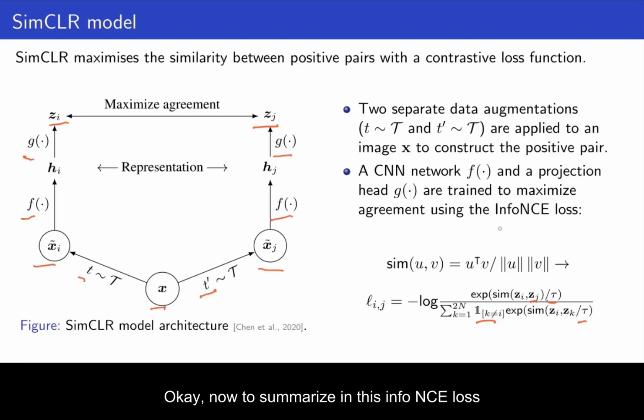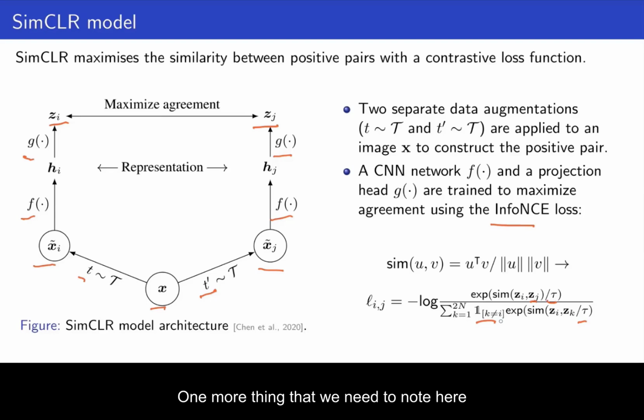Okay, now to summarize, in this InfoNCE loss that we see here, the numerator corresponds to the similarity of the positive pairs, whereas the denominator measures the similarity to all pairs, both positive and negative pairs.